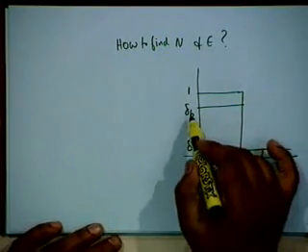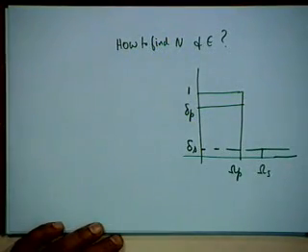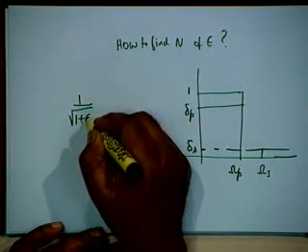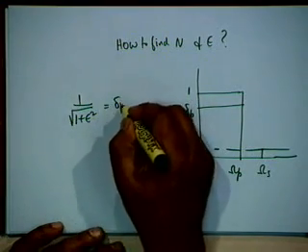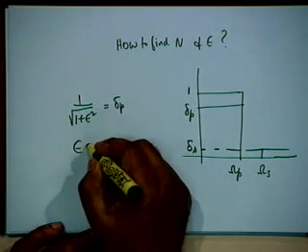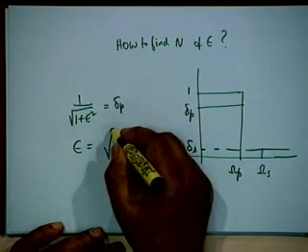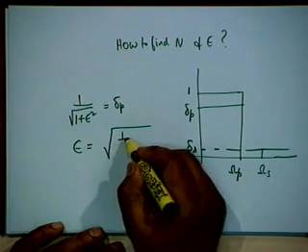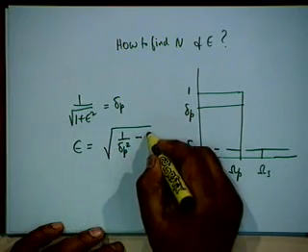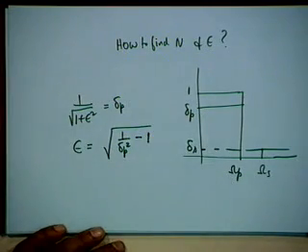Obviously, if delta P is known, then you know what is epsilon, right? 1 by square root of 1 plus epsilon squared is equal to delta P, right? Therefore, epsilon is equal to square root of 1 by delta P squared minus 1, right?